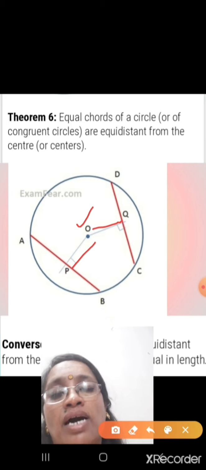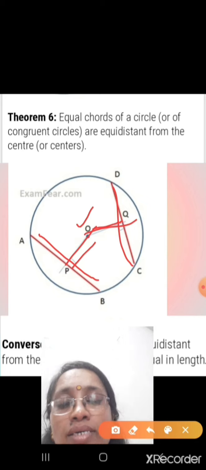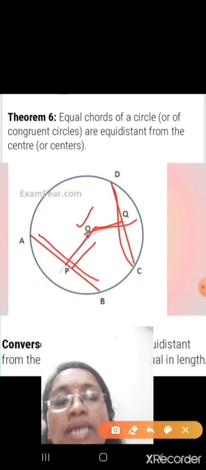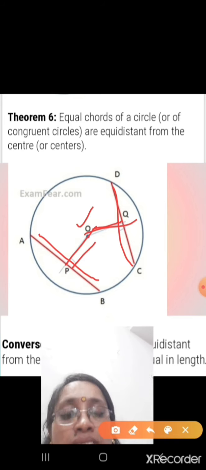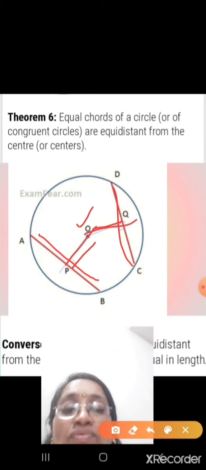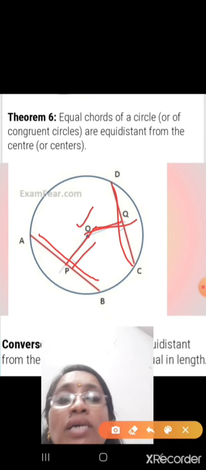AB and CD are two equal chords, and OP and OQ are the two distances from the center. Those two are equal. This theorem is theorem number 10.6 of this chapter, in the section on equal chords of a circle.